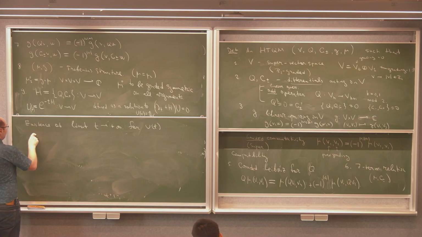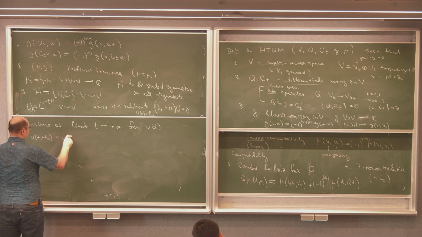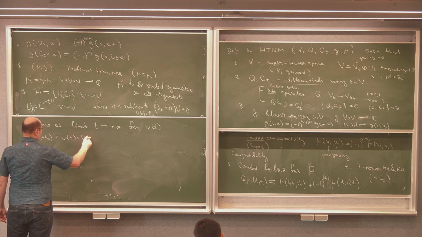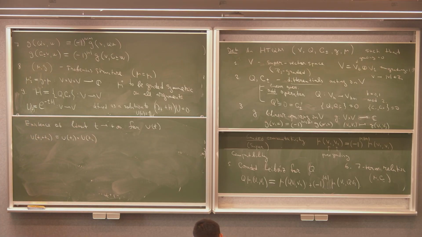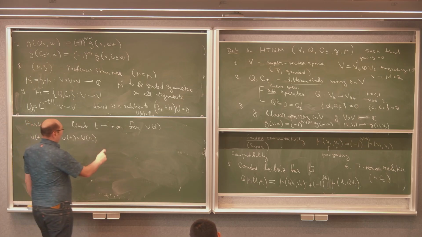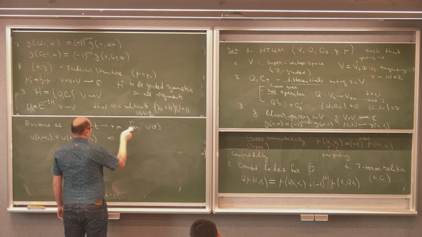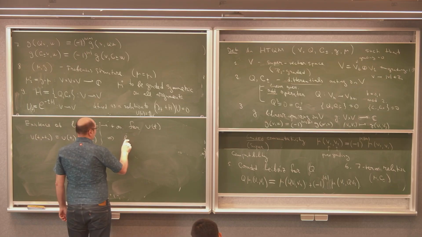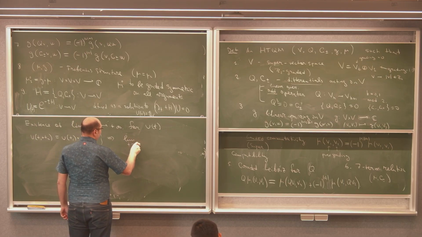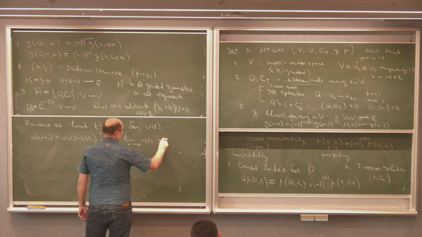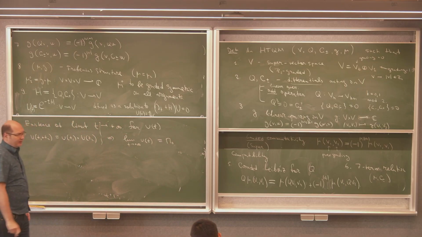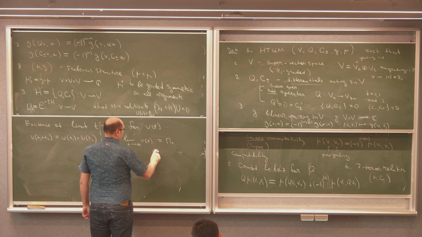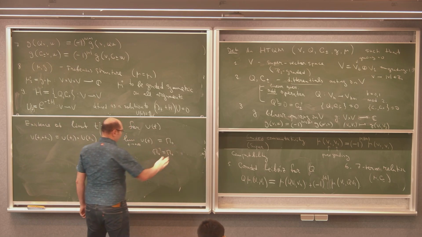U of t by construction satisfies the following property, that U of t1 plus t2 is a convolution, and therefore the existence of the limit and this property imply that the limit as t goes to plus infinity of U of t should be a projector operator, in the sense that P naught squared equals P naught.